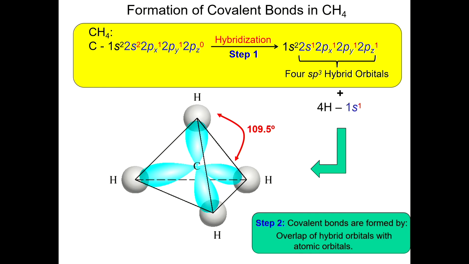In this geometry, we know the angle between carbon-hydrogen bonds is 109.5. So these covalent bonds are formed by overlap of hybrid orbitals from carbon with atomic orbitals from hydrogen. Okay?